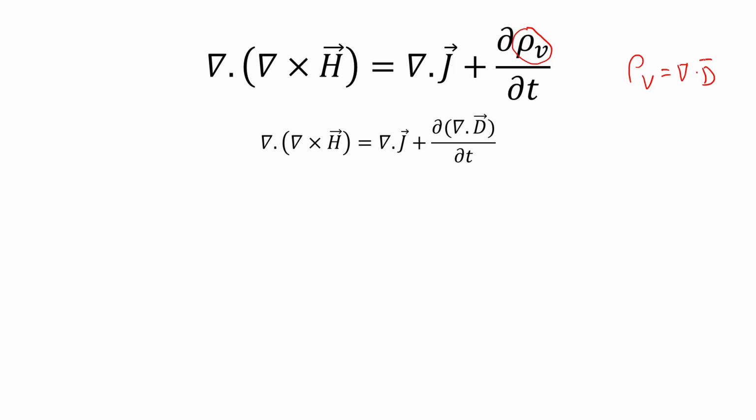So if I rearrange the terms, because differentiation with respect to time and the divergence are both linear operators, I can apply one after the other in any order and that will not change the result. So I can rewrite this as the divergence of dou D bar by dou t.